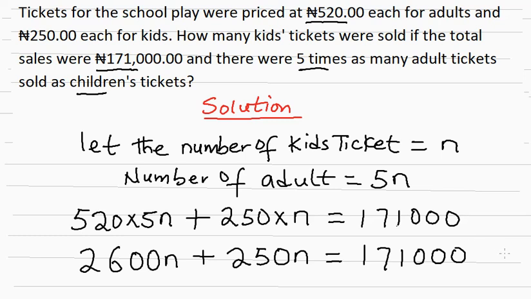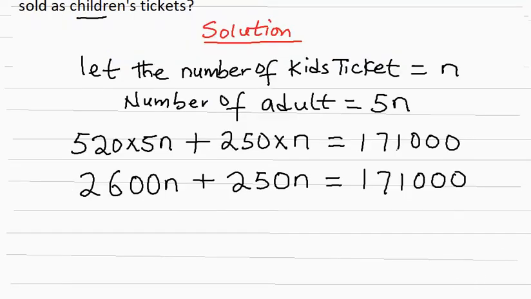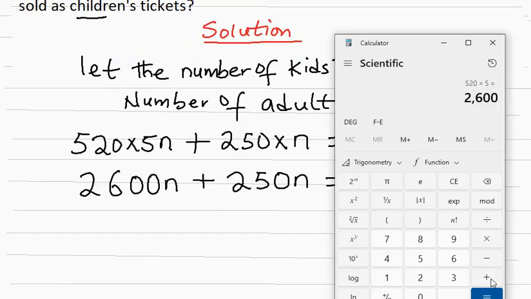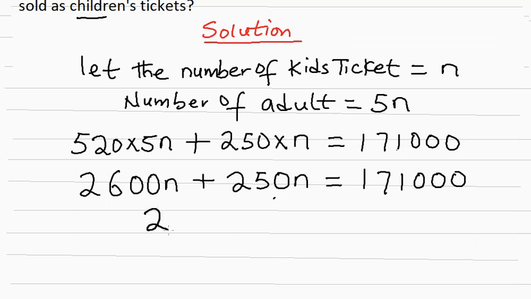Adding everything together, I'm having 2850n, which of course is 171,000.